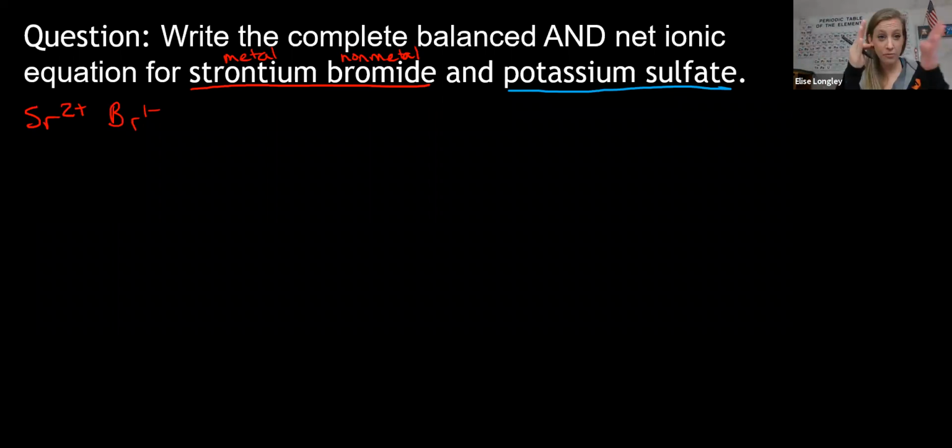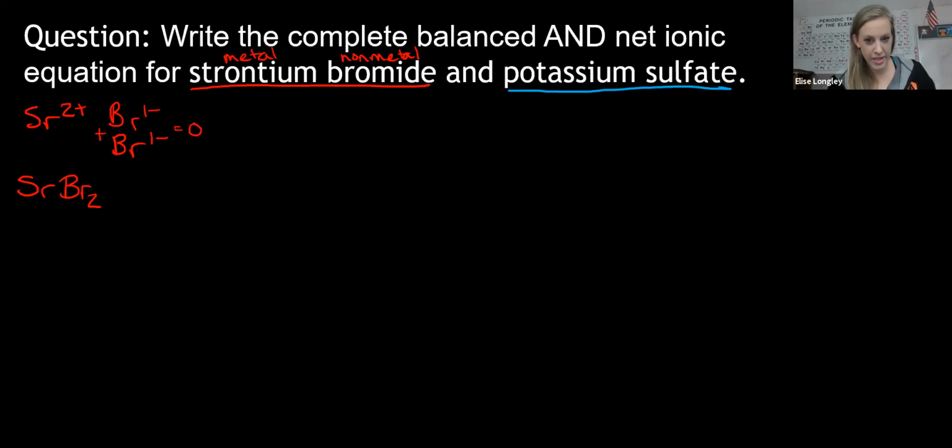So we have to have enough bromine ions to have a home for every electron that was lost from strontium. So how many bromines do I need? You need 2. Yes, I need 2 Br 1 minuses. So when I write this as a molecule, I'm going to write it as SrBr2, because I have 1 strontium and 2 bromines to make that add up to 0. Positive 2, negative 2, 0.